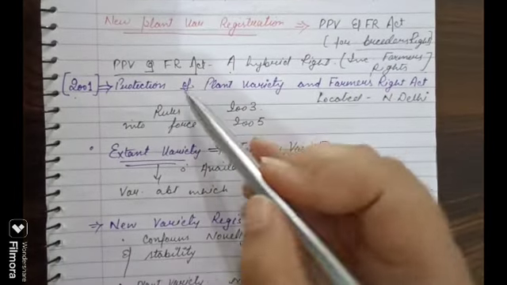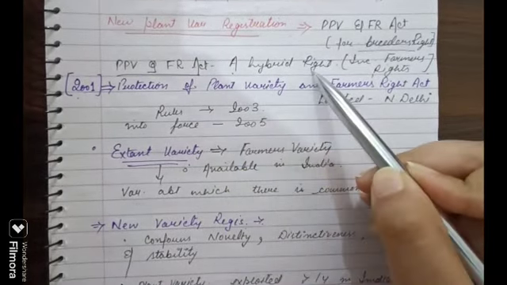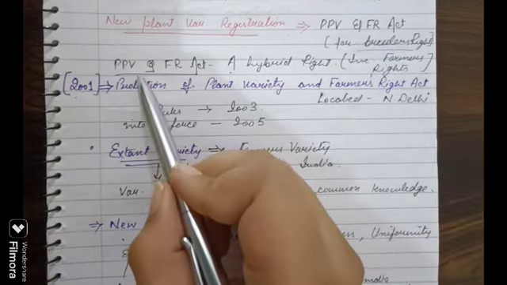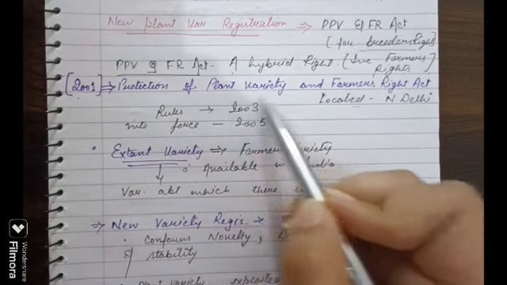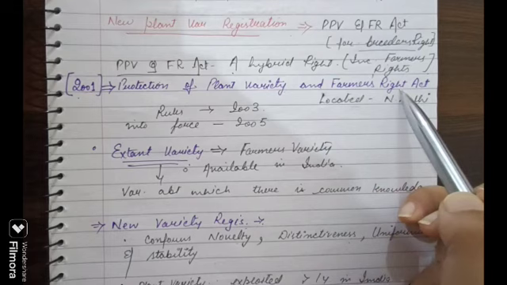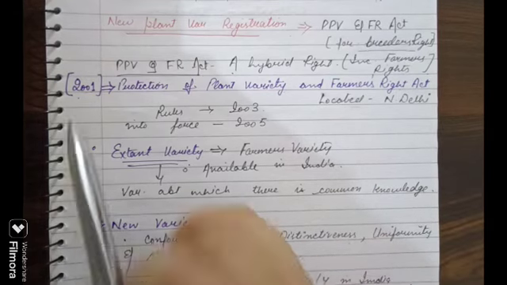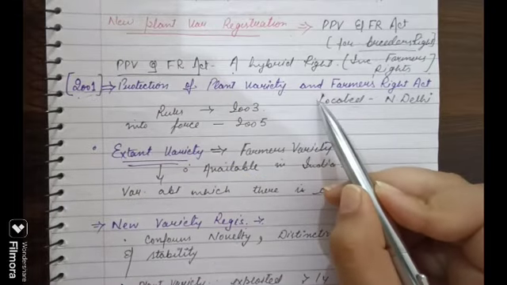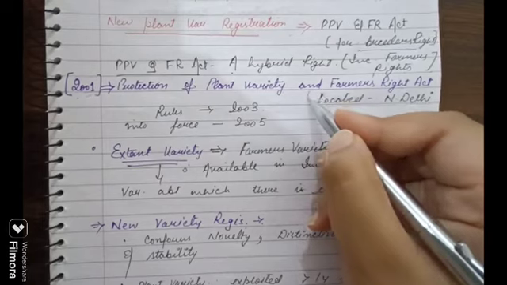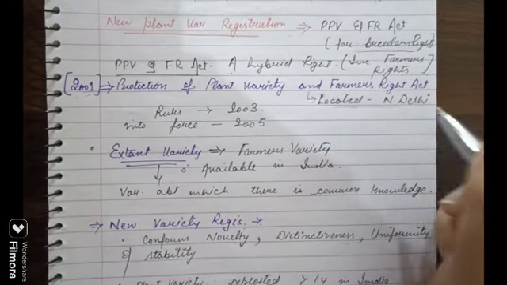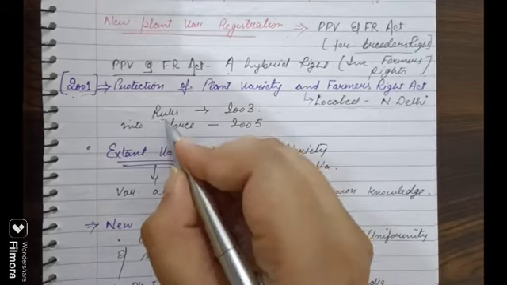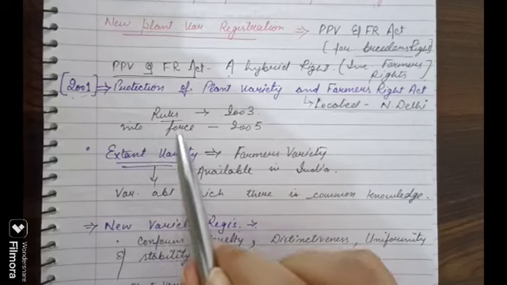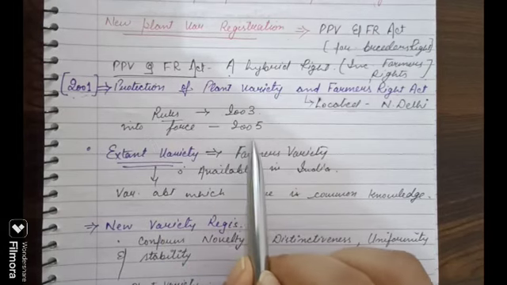It is a hybrid right which includes farmers' right. Its full form is Protection of Plant Variety and Farmers' Right Act, introduced in 2001. Its headquarter is located in New Delhi. The rules for the act were given in 2003, but it came into force in 2005.